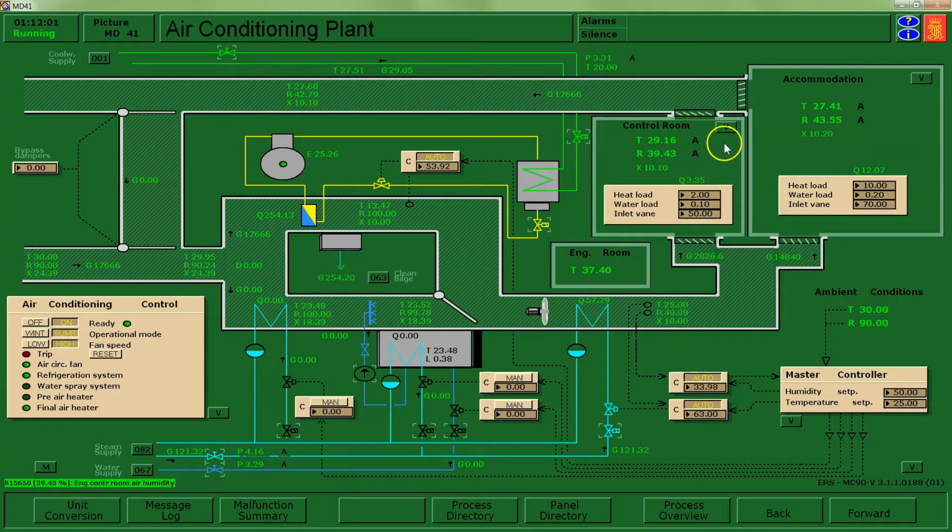You'll note that because I'm supplying air to multiple spaces, I am not able to hit 25 in each space. So I may have to adjust some of my inlet dampers to adjust the flow into either space. So potentially I might want to increase the airflow into my control room if I'm looking to balance out these spaces.